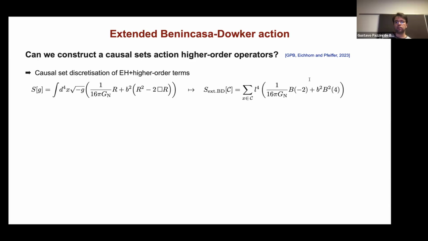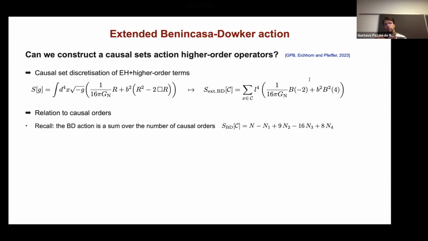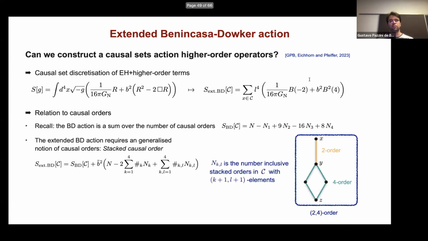The discretization looks like this. We can recall that the Beni-Casadolker action corresponds to a sum over causal intervals or causal orders. And we can ask whether we can also write this kind of extended Beni-Casadolker action in terms of these causal orders. And the answer is almost.